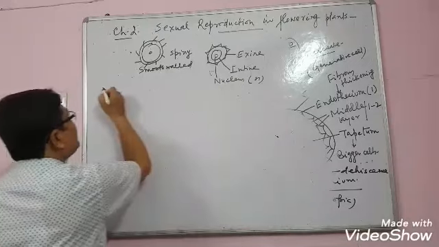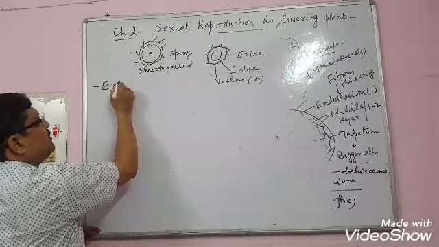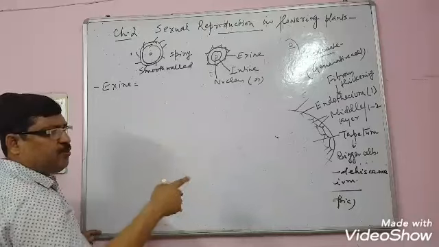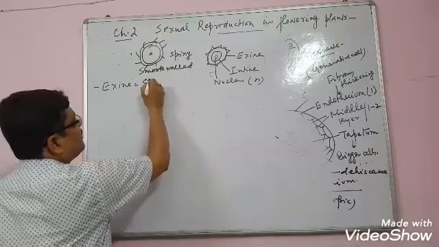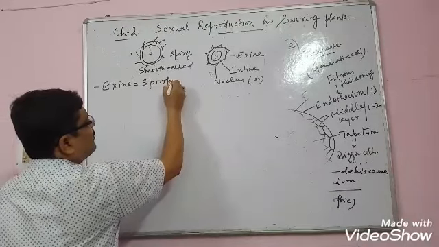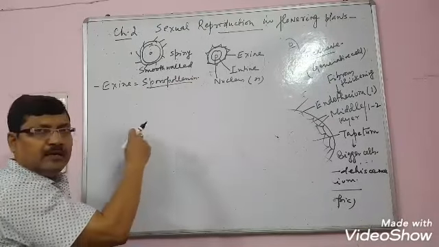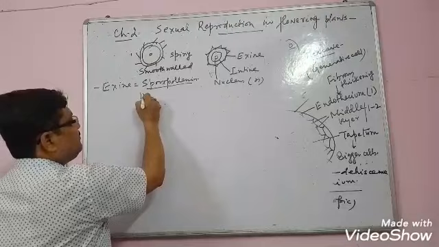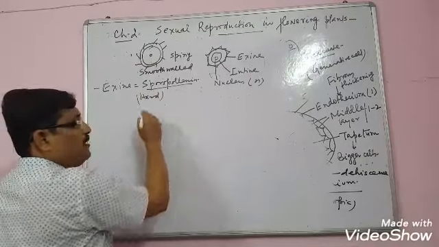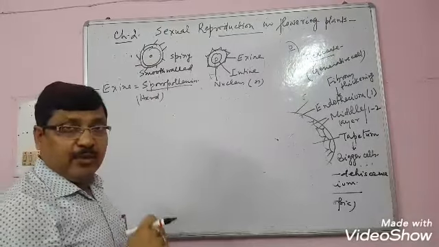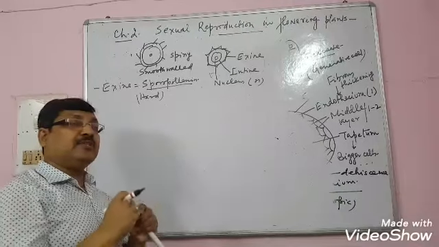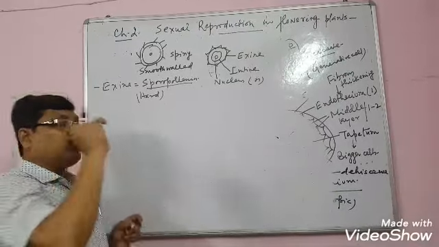Now, exine is composed of sporopollenin, which is a hard layer and not easily degradable. So that's why it helps in the formation of microfossils.